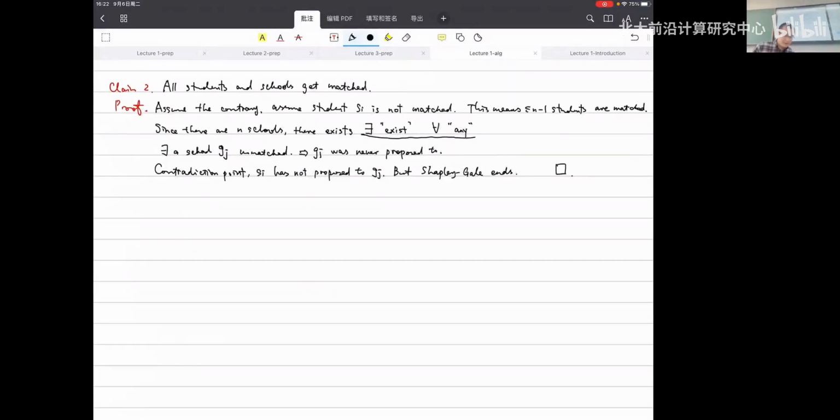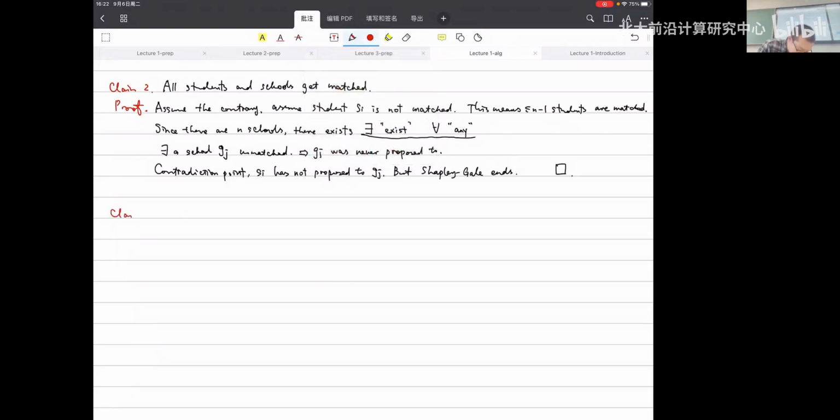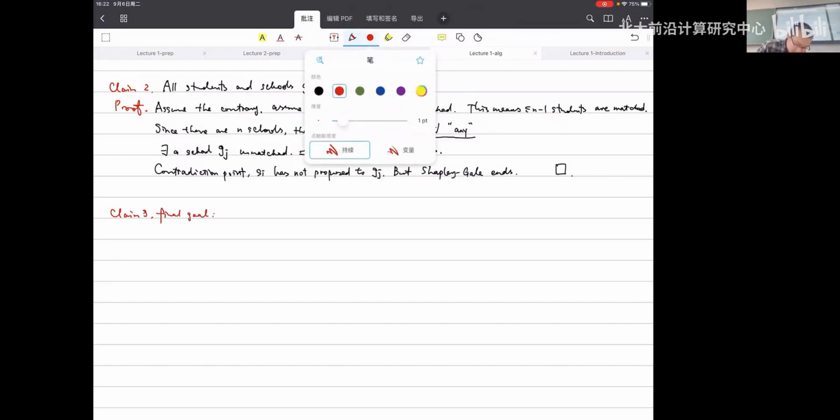And I think the final thing we want to prove is that we have already shown that after the end of the Gale-Shapley algorithm, all students and schools get matched. But we are talking about stable matching, so let's actually prove that. Our final goal is to show there is no unstable pair.